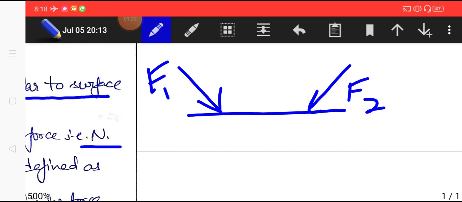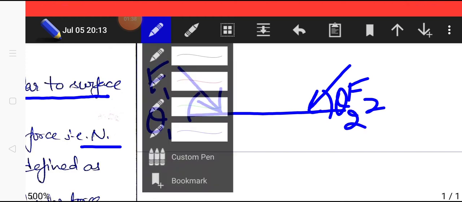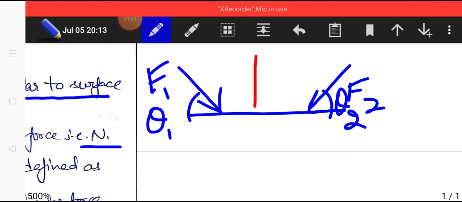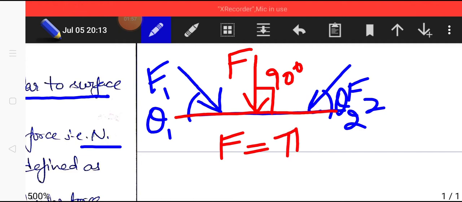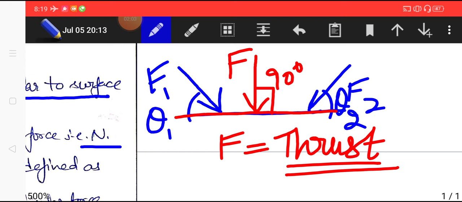We can observe that these forces are inclined at some angle theta, and that theta is not 90 degrees. Now let us consider a force which is perpendicular to the surface, making an angle of 90 degrees. When the force makes an angle of 90 degrees with the surface, that particular force is known as thrust. So thrust is nothing but the force at an angle of 90 degrees to the surface.